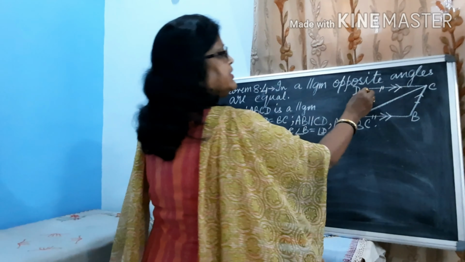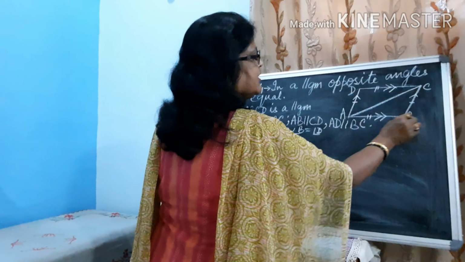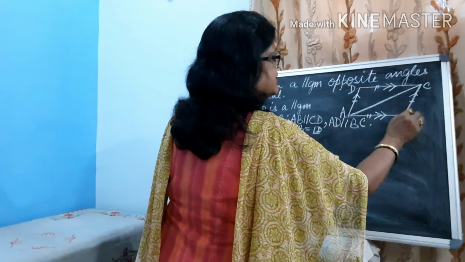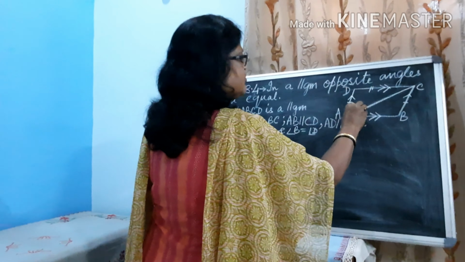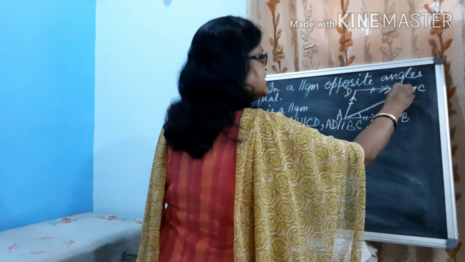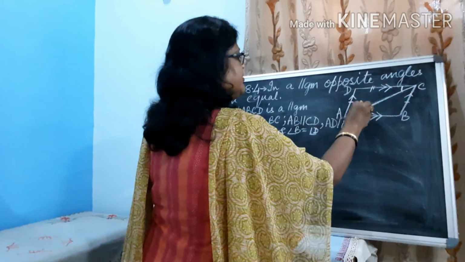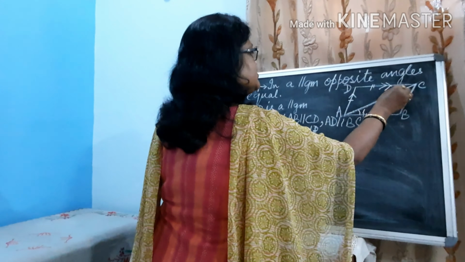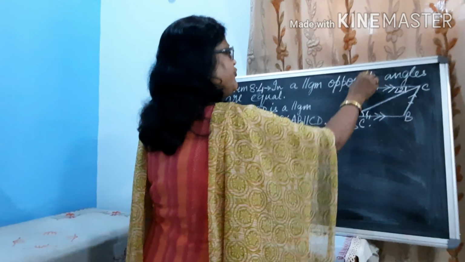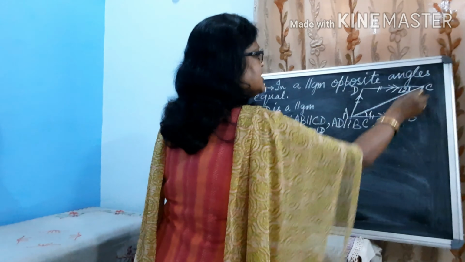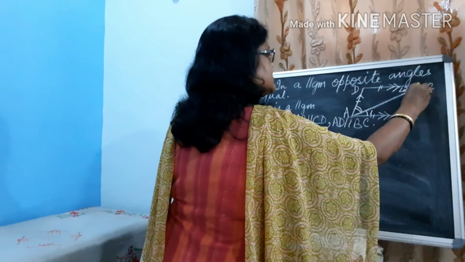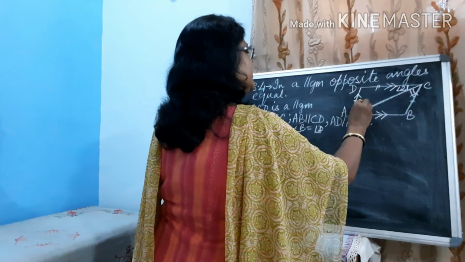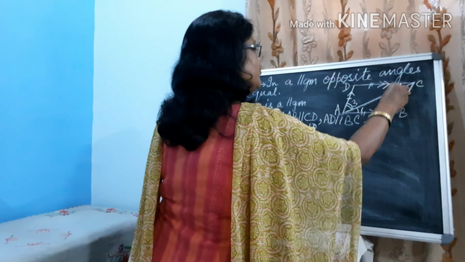Just see, children, here the Z concept has come. This is a parallel line to this and this is the transversal. If it's so, then this angle is equal to this angle. Let us name it 1, let us name it 2. Similarly, if I take this as parallel to this and this is the transversal, then this angle will be equal to this angle, and let us name it 3 and let us name it 4.